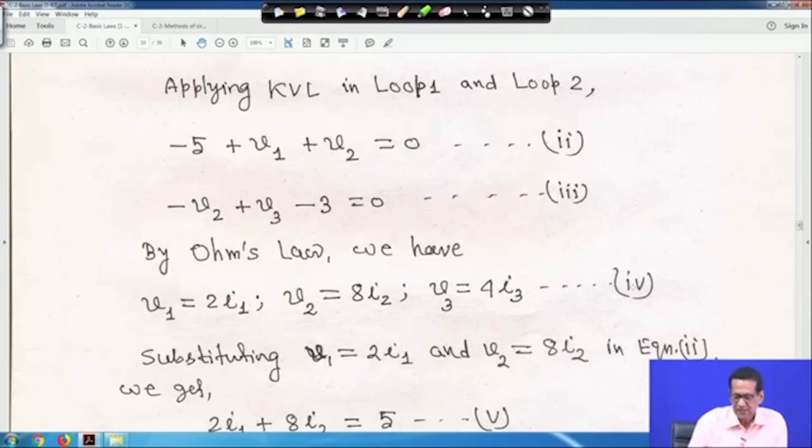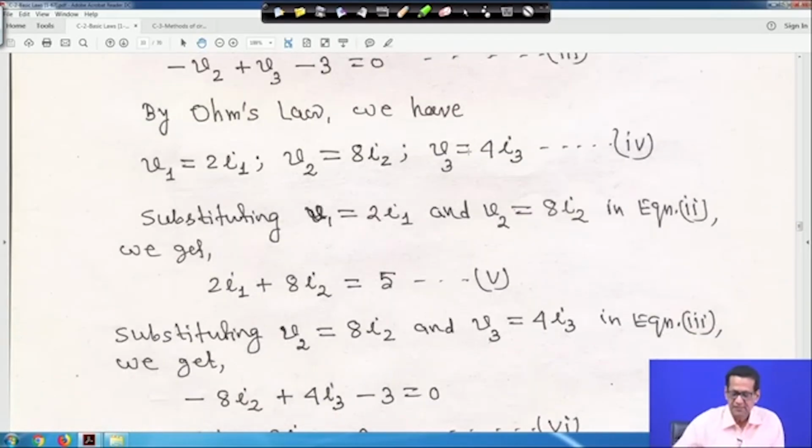Now, substitute V1 is equal to 2 I1 and V2 is equal to 8 I2 in equation 2, and you will get 2 I1 plus 8 I2 is equal to 5. This is equation 5. Similarly, substitute V2 is equal to 8 I2 and V3 is equal to 4 I3 in equation 3.